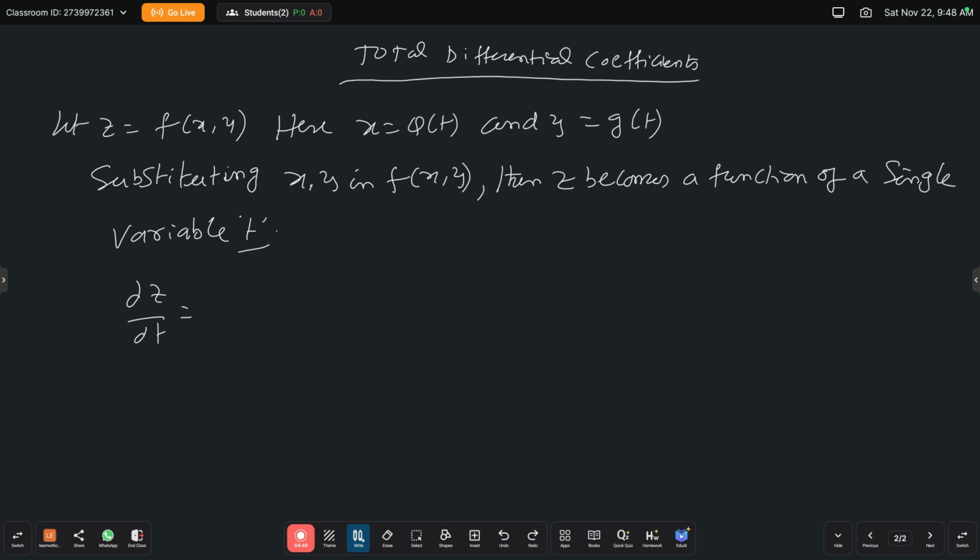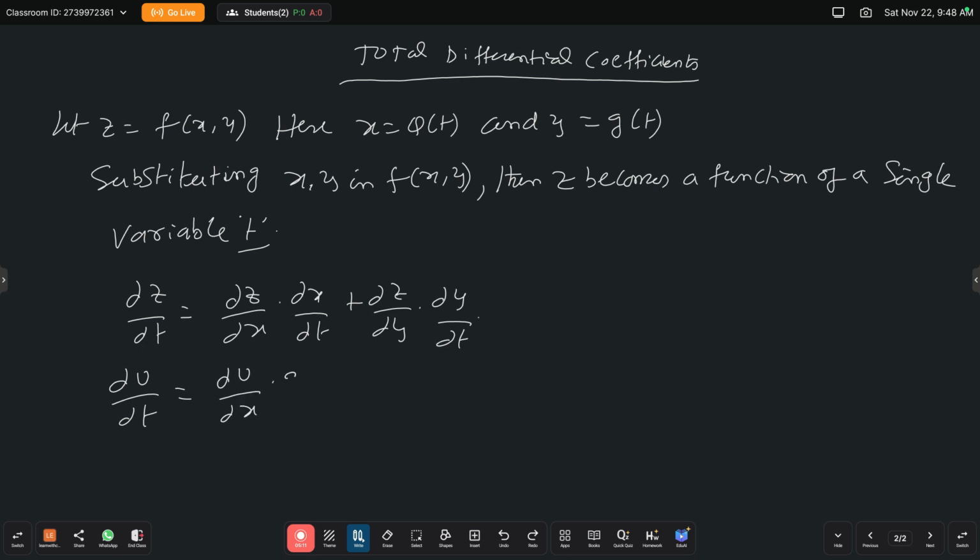Okay, now dou z by dou t can be represented as dou z by dou x into dou x by dou t plus dou z by dou y into dou y by dou t. And similarly, dou u by dou t. So u is a function of x comma y, can be represented as dou u by dou x into dou x by dou t plus dou u by dou y into dou y by dou t.